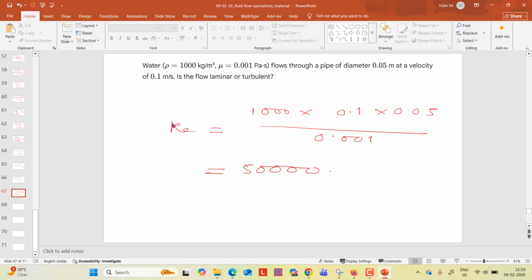How come? 1000 into 0.1 into 0.05 divided by 0.001, which is coming as 5,000, sorry. So this is slightly greater than 4,000, so it is turbulent.